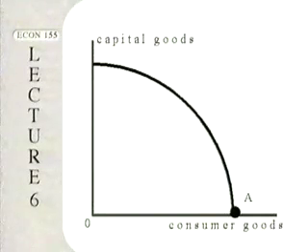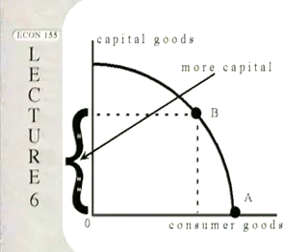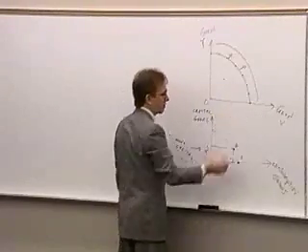If instead we devote some of our resources to producing consumption goods, maybe even most of them, but reserve some resources to producing capital goods, these capital goods can help the economy grow. More capital, and it's the additional capital that shifts this production possibilities frontier outward from its original point to some higher level.